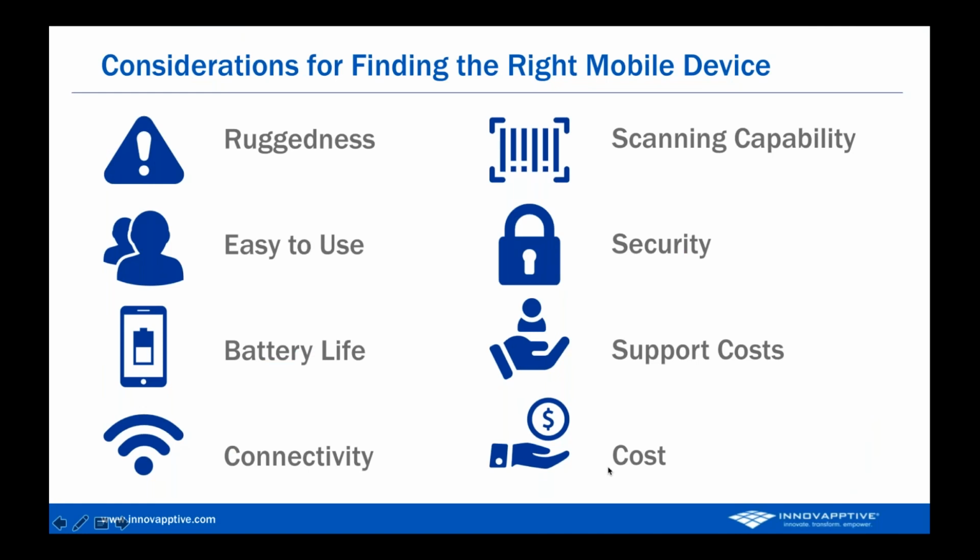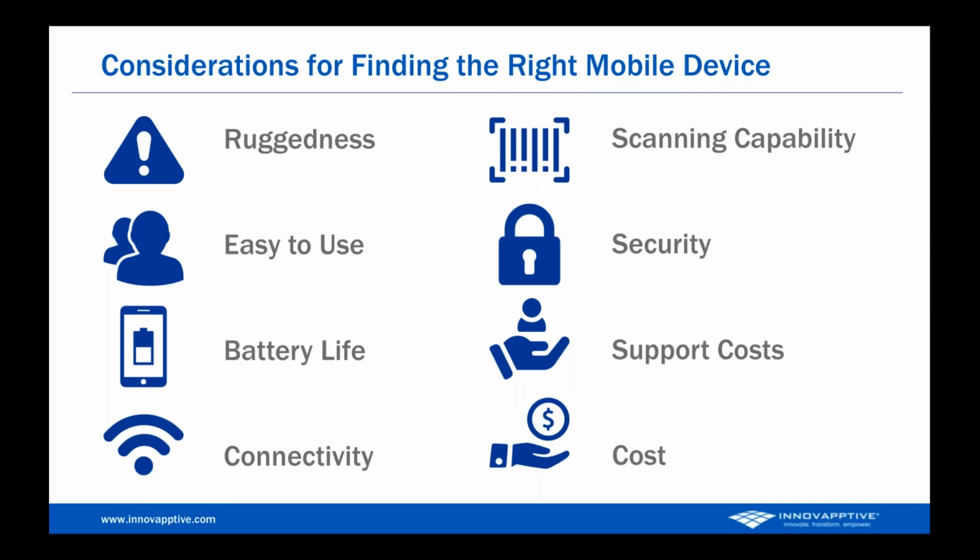So with that, I just want to summarize what we saw based on Richard's insights as well as in the demo, right? Which aligns with the theme of the webinar. What are some of the key considerations for finding two things? One is the right mobile device as well as the right operating system, and make sure the application that you select meets some of these requirements that you're looking for, right?